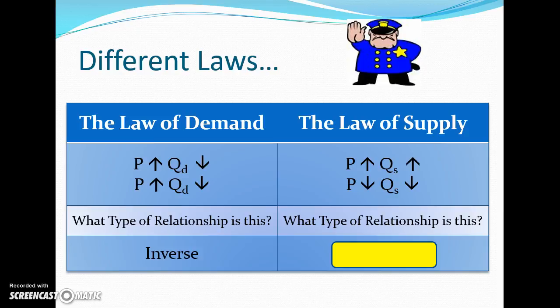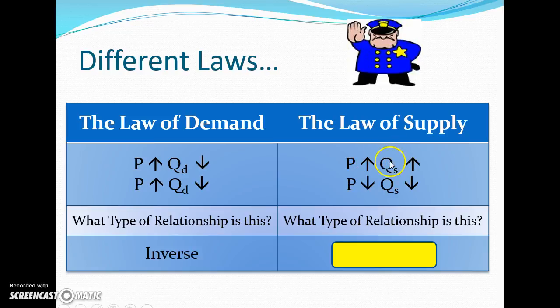Like I said, if you think of yourself as selling your labor, as supplying your labor to businesses, if they're willing to pay you more, if the price increases, you're willing to work more. The quantity supplied will increase. You're going to work a lot more if they're willing to pay you $50 an hour.